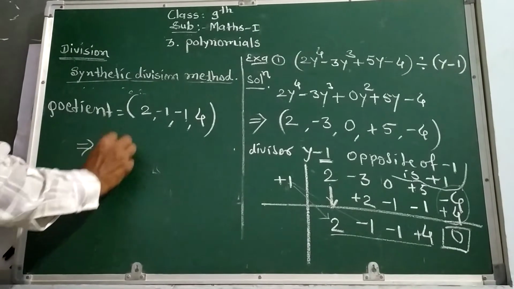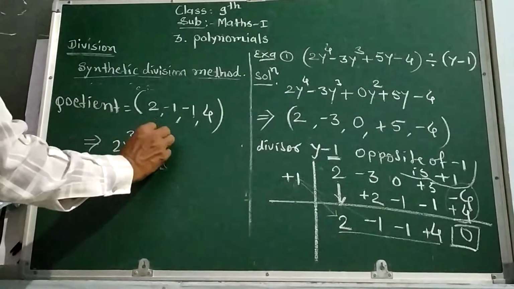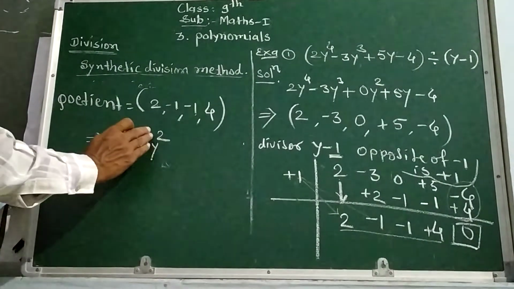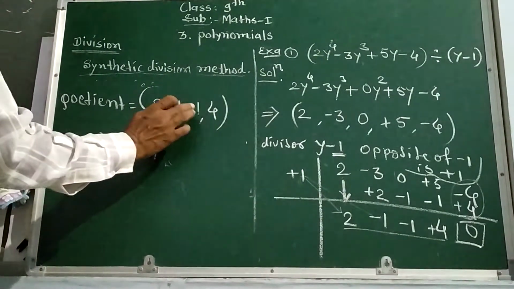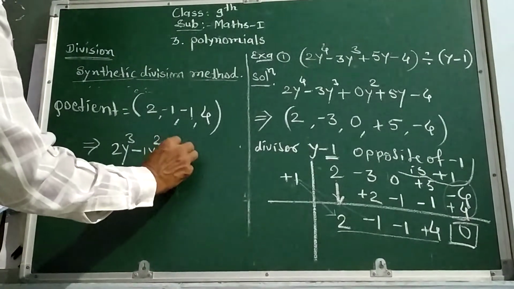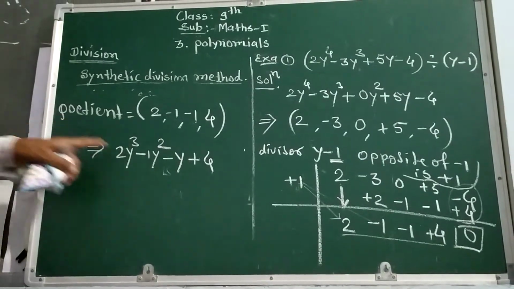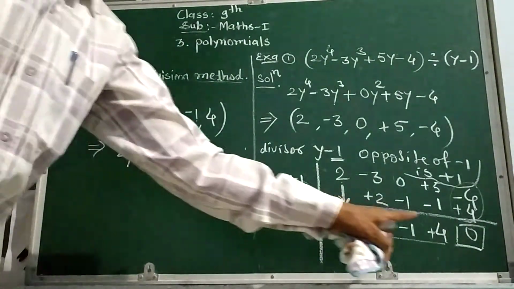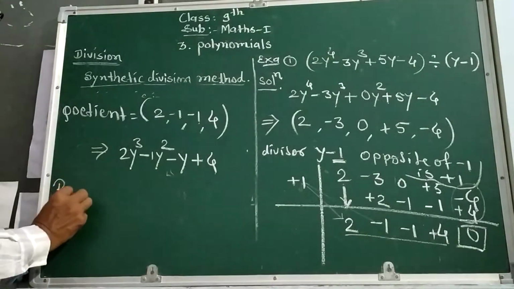So 2y cube minus 1y square, that is, again this is y square, minus y plus 4. This is the quotient. Now this last 0 is called the remainder.